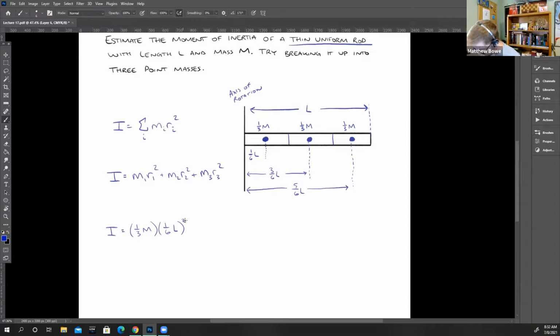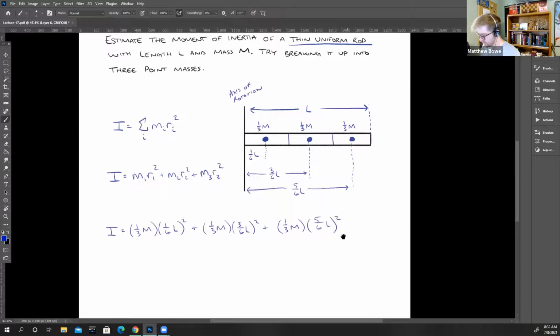Okay, so that's the first one. Second one, same exact mass, different distance away. And the third one, same exact mass, another different distance away from the axis of rotation.